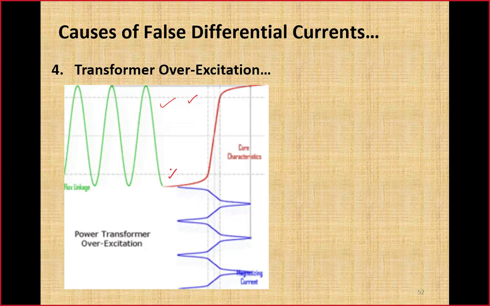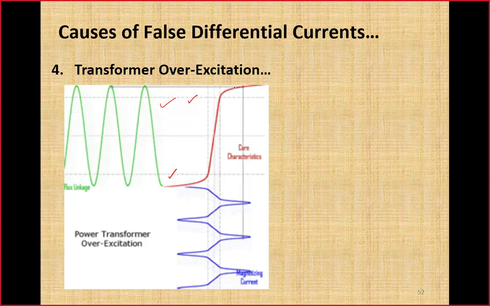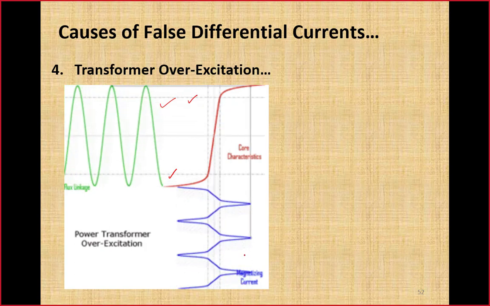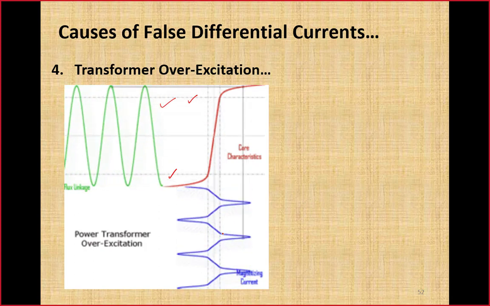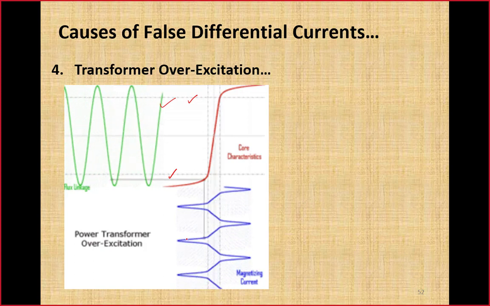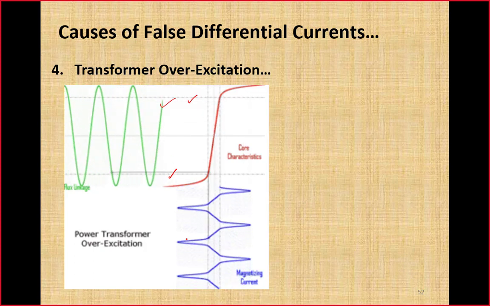When we have mapped this flux linkage on the magnetization characteristics and developed the current over there, we can see as soon as these flux linkages are crossing the saturation limit, transformer draw very high peak of current. So now transformer is drawing current during positive cycle and during negative cycle because saturation is symmetric in both the cycles.